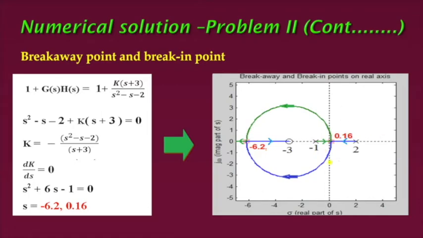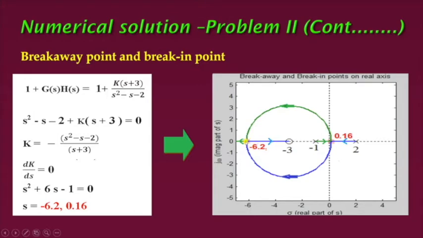We know from the definition of root locus that the branches start from the poles at 2 and -1 and meet at a point. This point is called the breakaway point because the root locus departs from the real axis there, and comes back to the axis at -6.2.